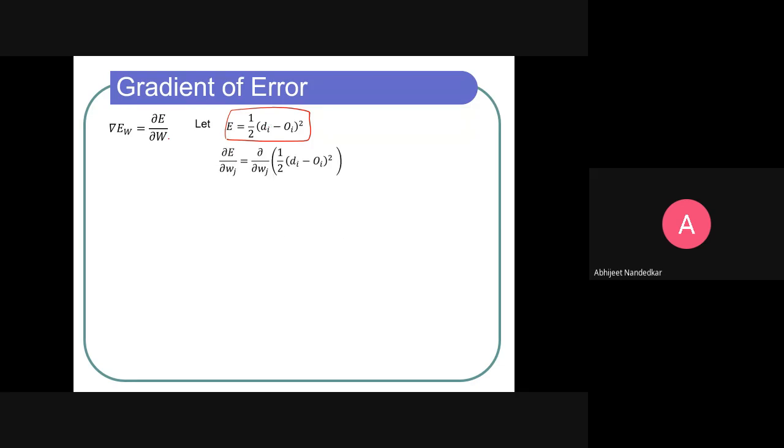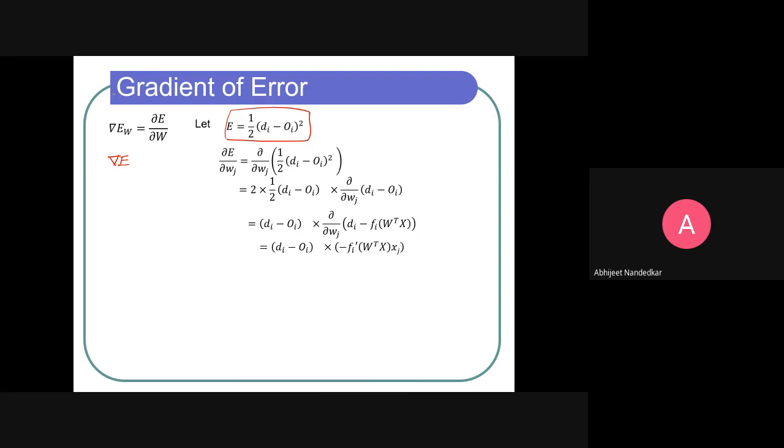Now since I want the gradient of error with respect to weights, this will be a partial differentiation with respect to the weights. If I have different weights, I have to differentiate this error with respect to all of those weights, so it will again be a vector.